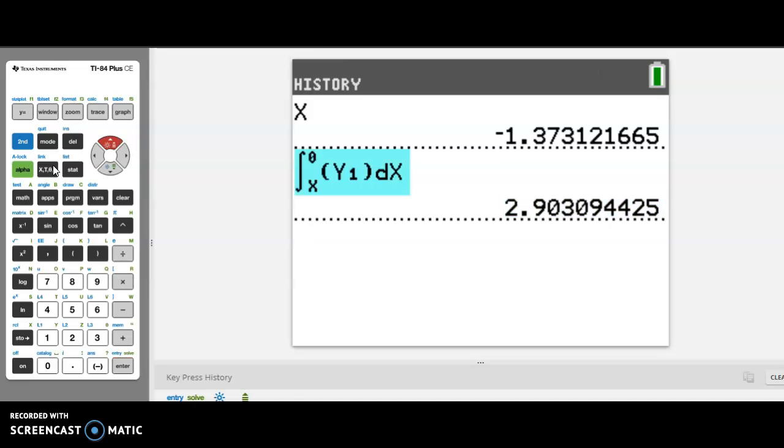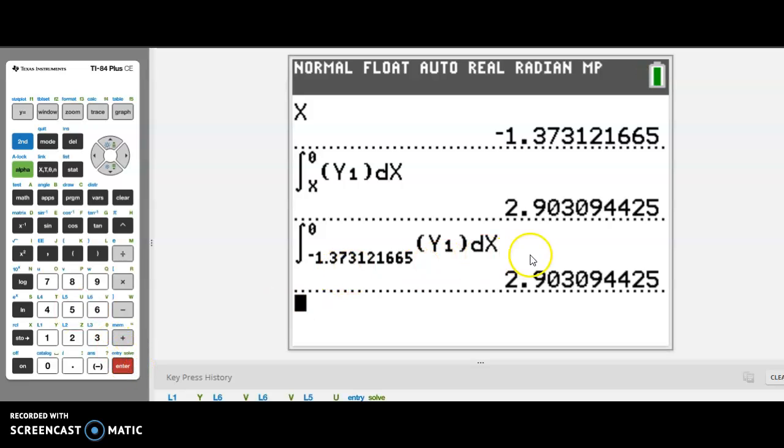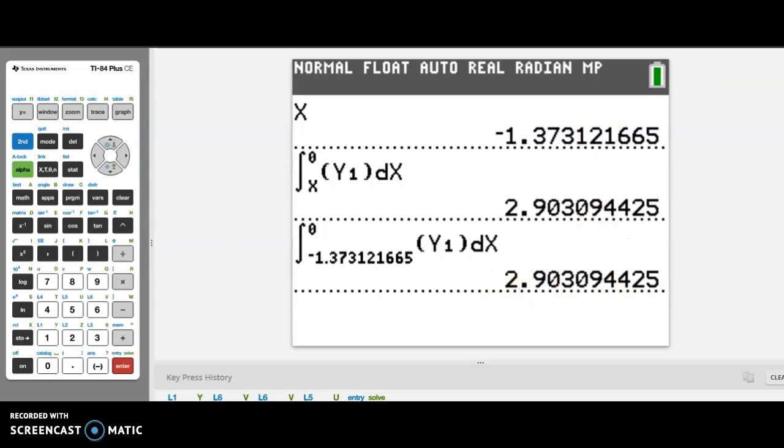Let me double check that that's the right value. I just don't trust it right now. You don't want to round too early. There we go, so it did the problem correctly. The area was about 2.903.